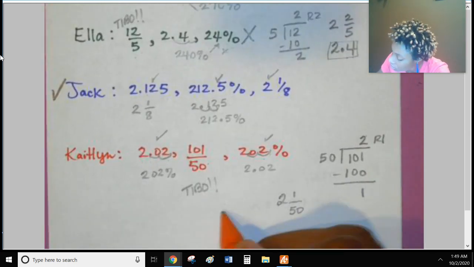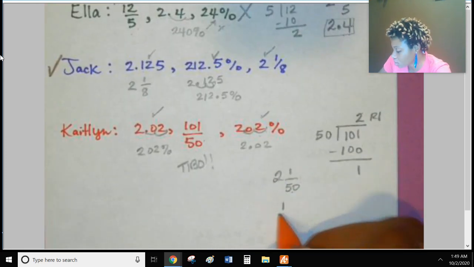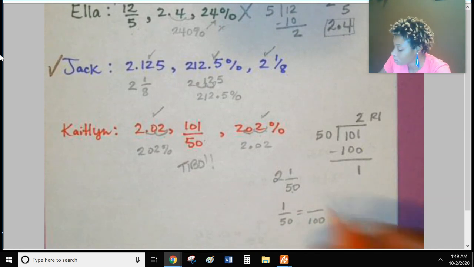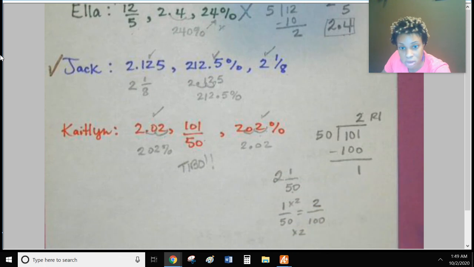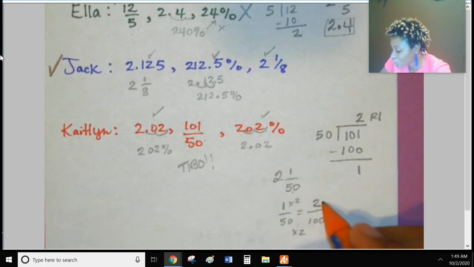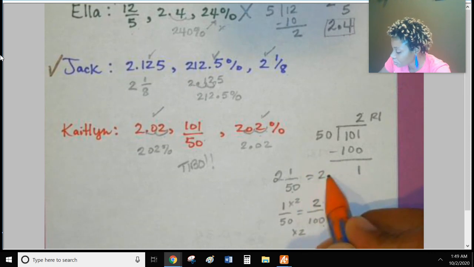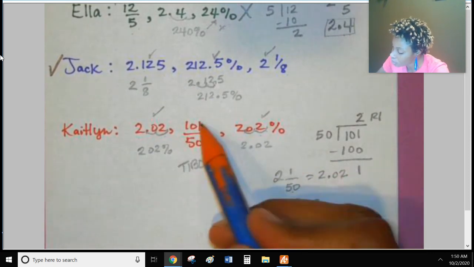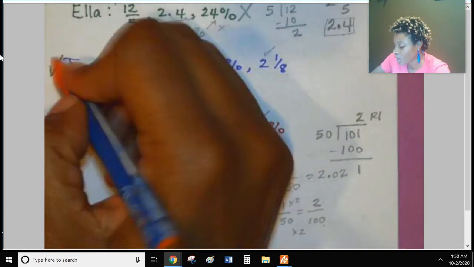Well, let's see. If I wanted to make 1/50th into something over 100, what would I multiply by? 2. And 1 times 2 is 2. And that's 2 hundredths. So this is the same as this. So all 3 of these are the same. So Caitlin, rock it out, Caitlin.